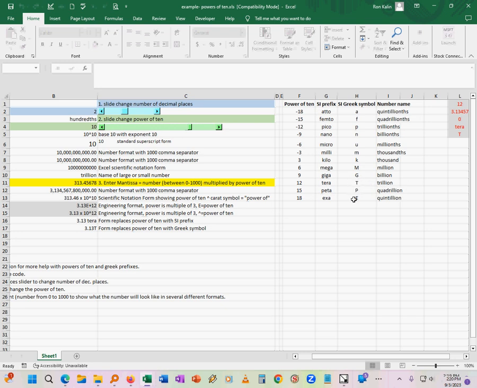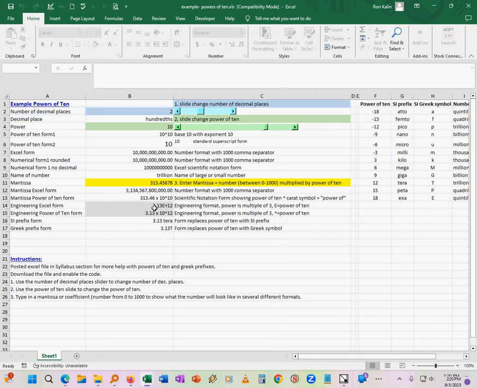So this would be 3.13 tera, whatever your unit is. I'm not going over units here, but if it was a terabyte, the byte would be your unit. And it can also be expressed with a capital T. These two are equivalent. So these 1, 2, 3, 4, 5, 6 numbers, these are all the same. They're just shown in different formats.